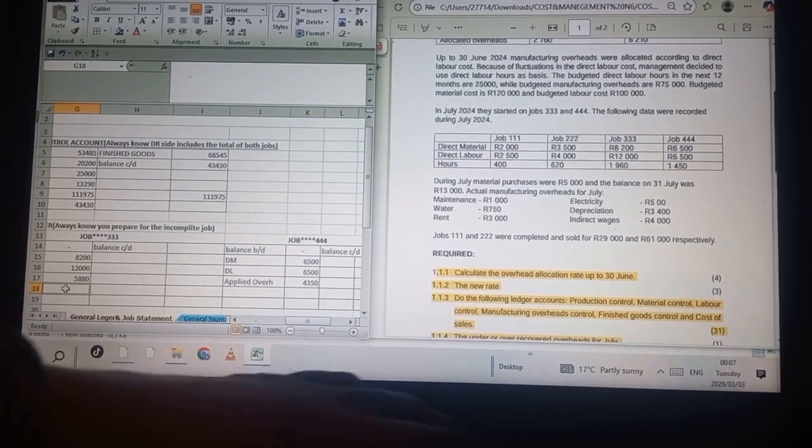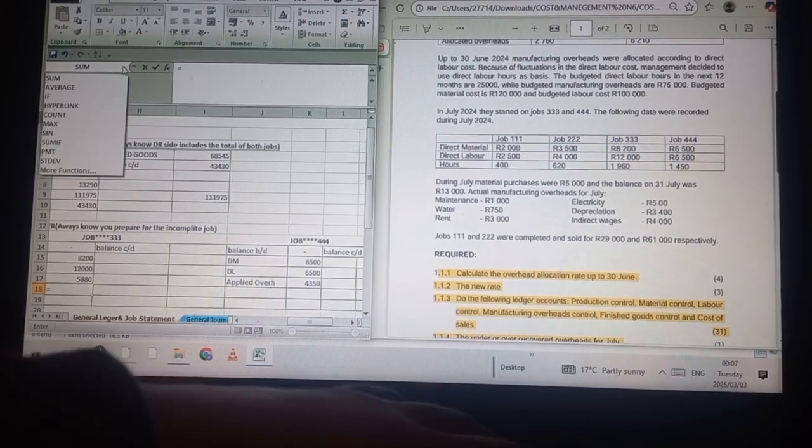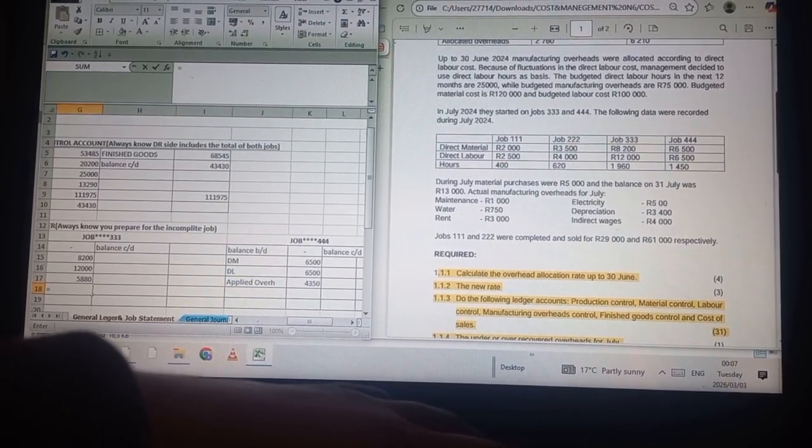You balance your account so that you can see.